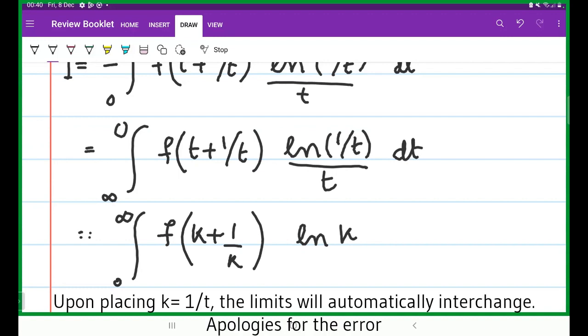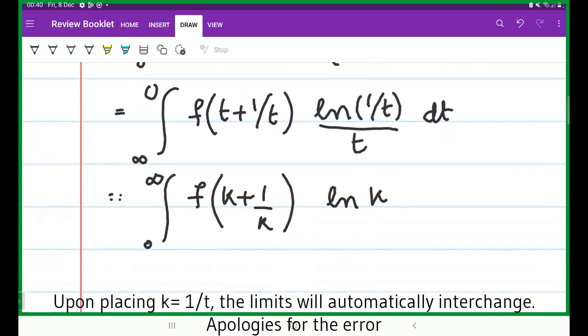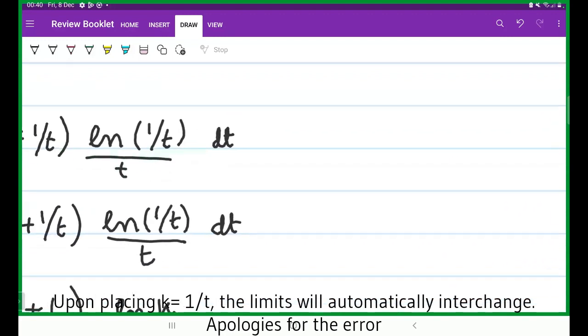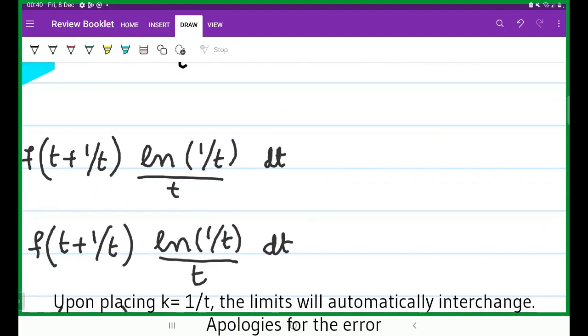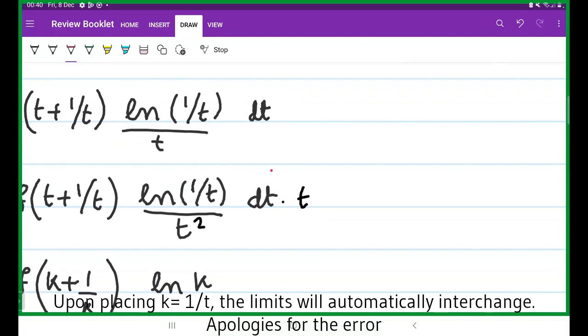Before that, let's do one thing. We need dt by t square here, right? Let's multiply t in the numerator and the denominator. Okay. So basically, this entire thing will become dk.